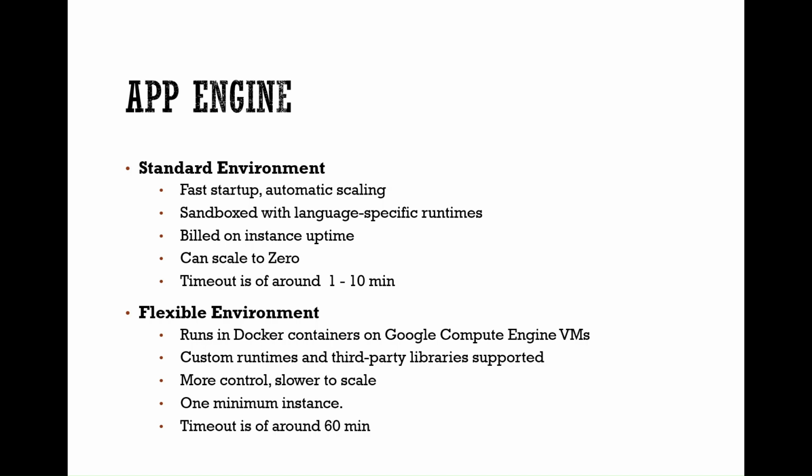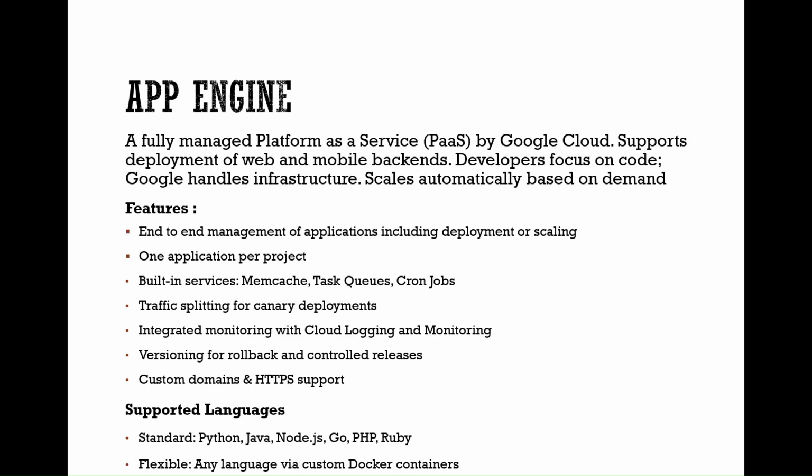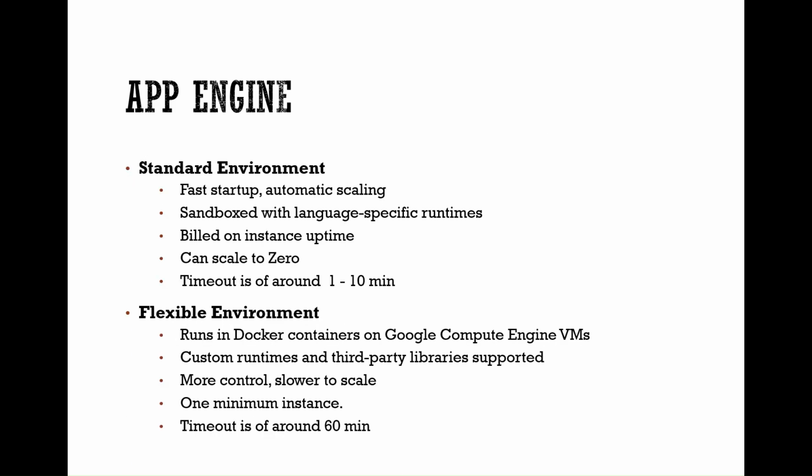But the standard environment is specific in the type of languages you can run on it. It supports Python, Java, Node.js, Go, PHP, and Ruby. These are the limited languages that run on the sandbox environment in the standard type of App Engine.